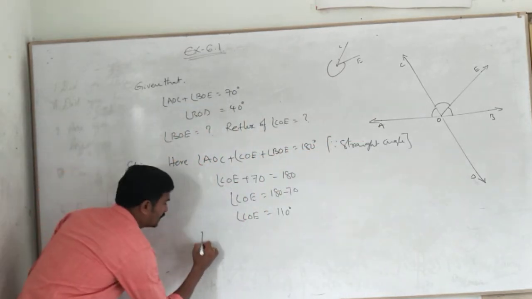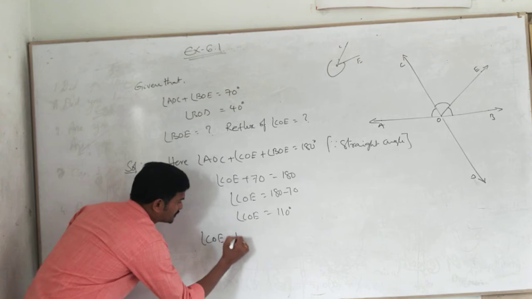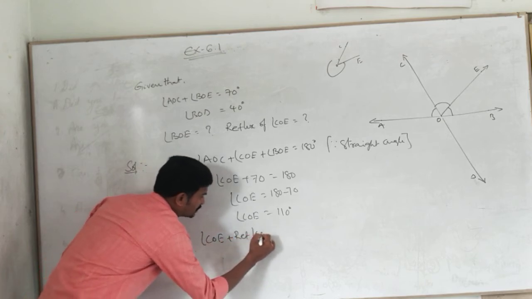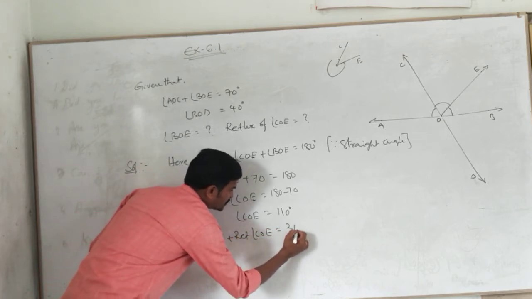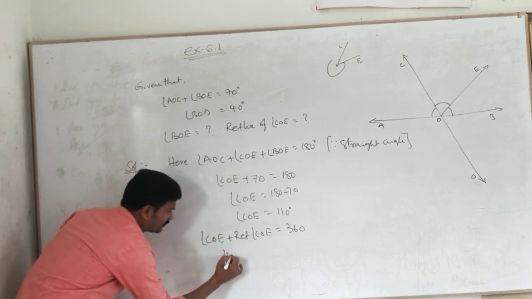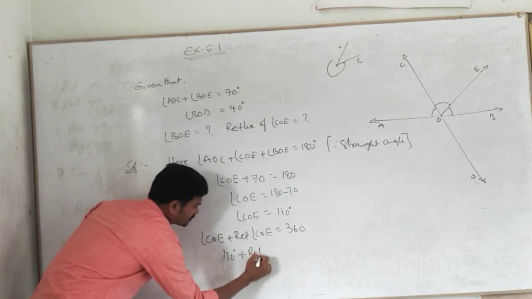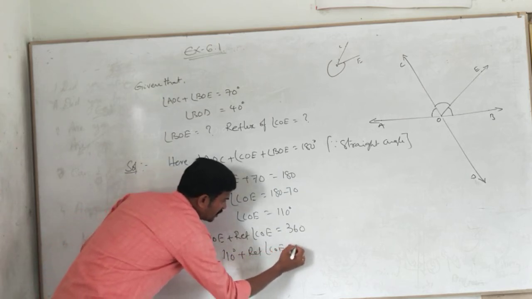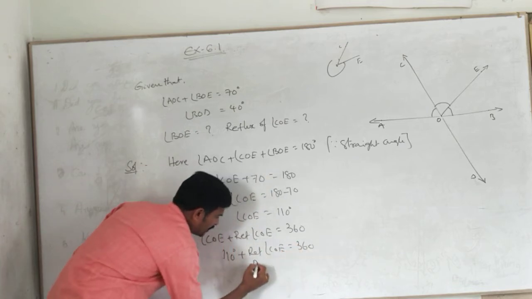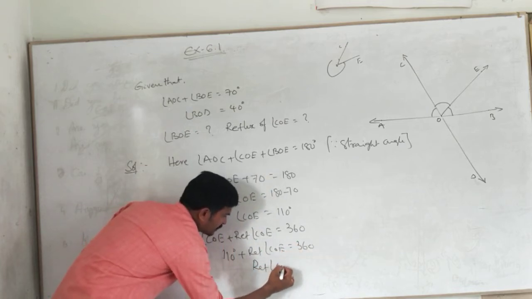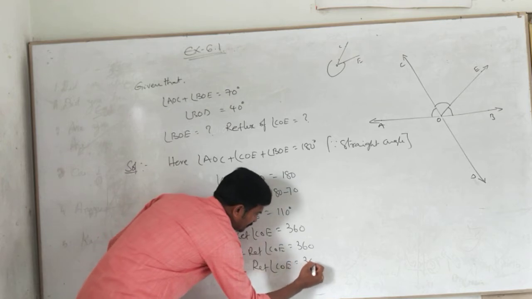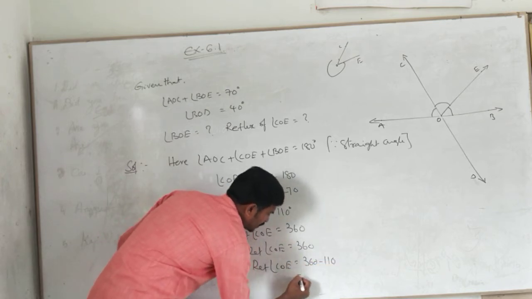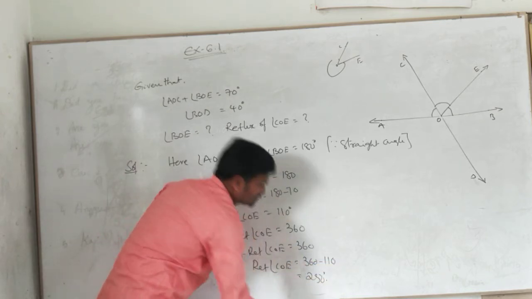So angle COE plus reflex of angle COE equals 360. Angle COE is 110, so the reflex of angle COE is 360 minus 110, that equals 250 degrees.